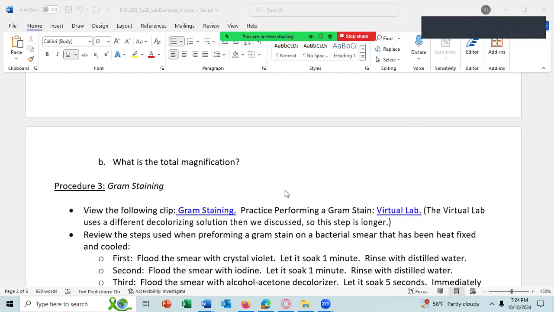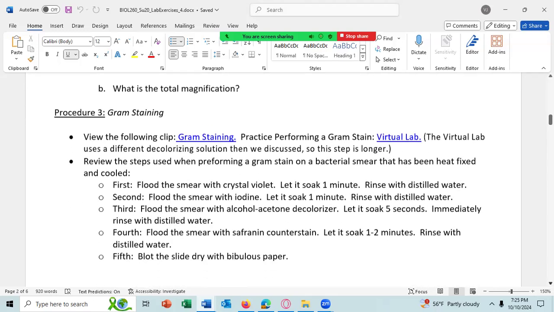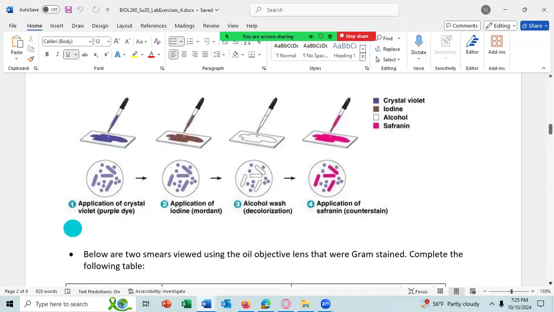Back to the Gram stain of procedure 3. So go through the Gram stain. I've got the steps listed here. Showing you the application of crystal violet, all the cells stained bluish purple. We then apply the iodine, and here you can see the cells stain a purple color, slightly different than that one.